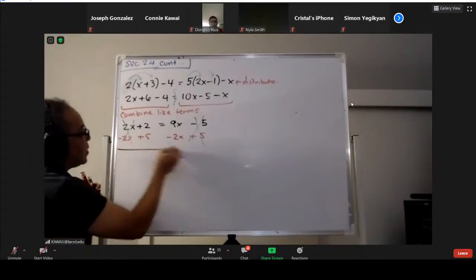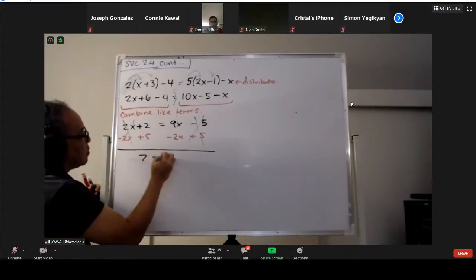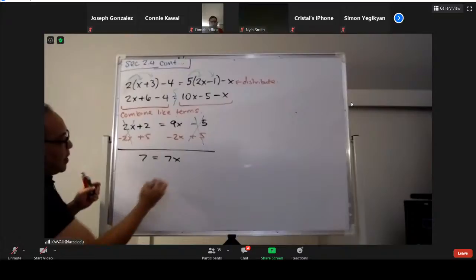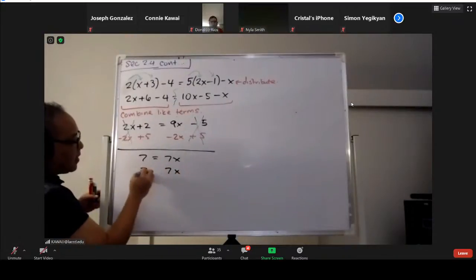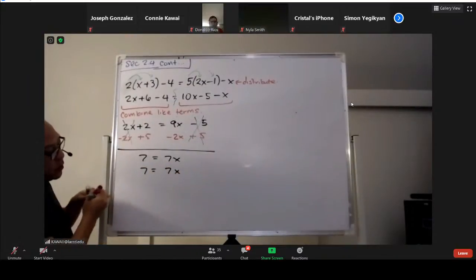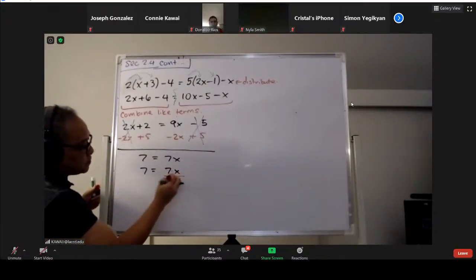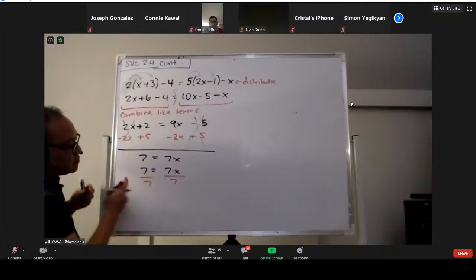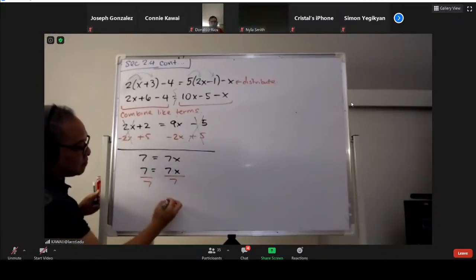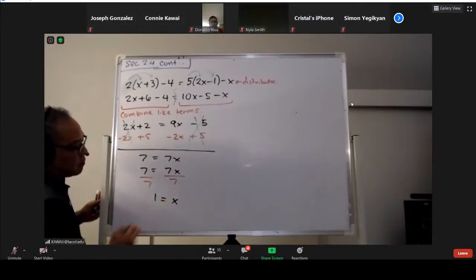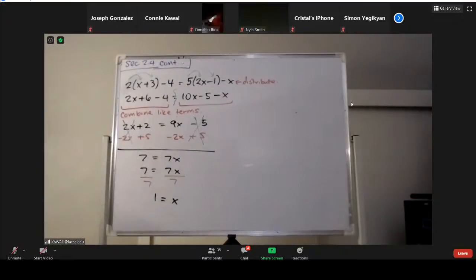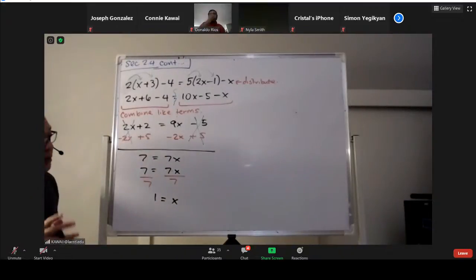So what's going to happen is I have 7 equal to 7x, and then I'll divide both sides by 7, because what's in between the 7 and the x is a multiplication. Okay, and then done.